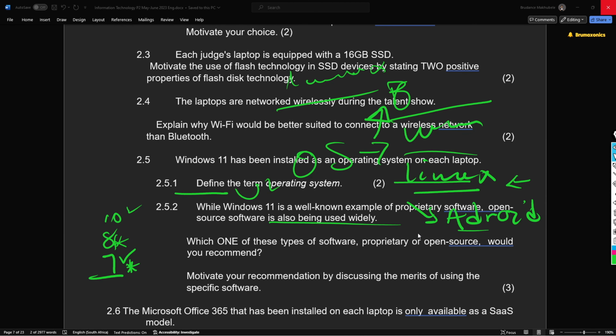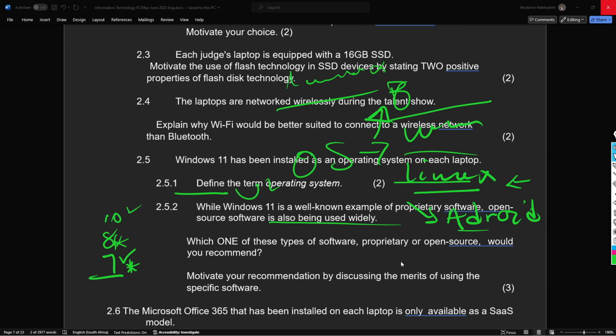It seems like I've already explained this question here. Which one of these types of software, proprietary, open source, would you recommend? Motivate your recommendation by discussing the merits of using the specific software.